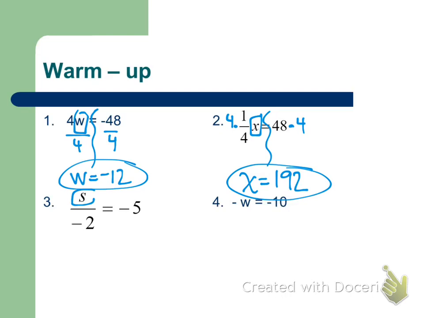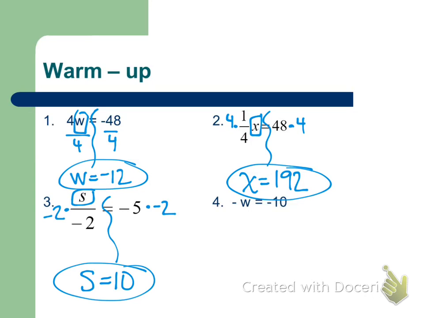Alright, on number 3. Houston, what would you do? So we multiply both sides by -2. A negative times a negative gives us a positive 10. Number 4 also caused some people some issues.